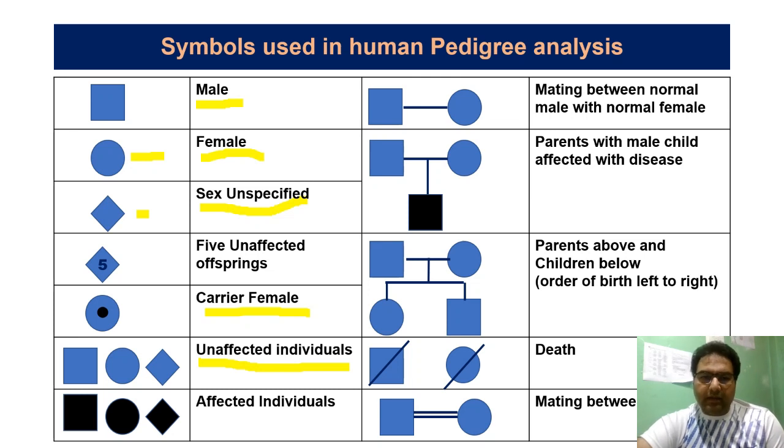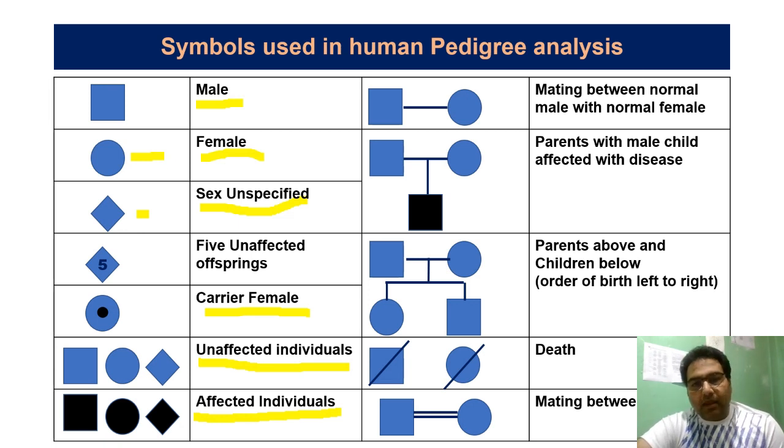And when these square, circle, and diamond are black, it means the individual is affected. When there is a line between the square and the circle, it means this male married this female and both are normal, that is, they do not have any kind of disease.